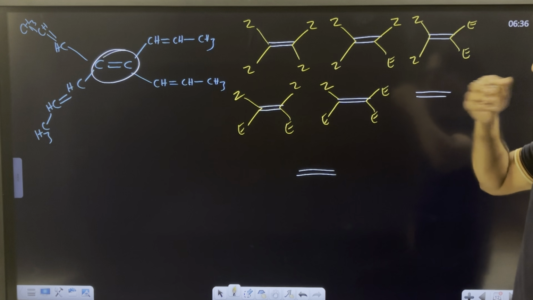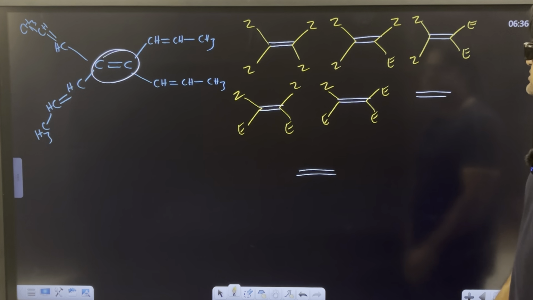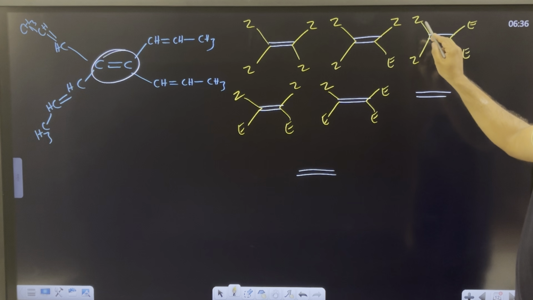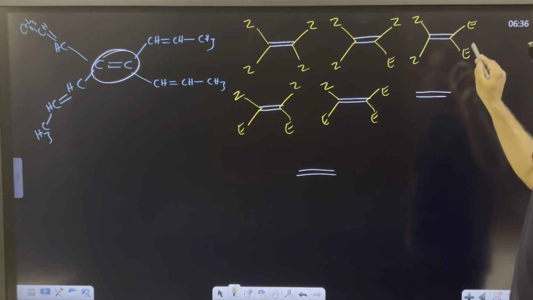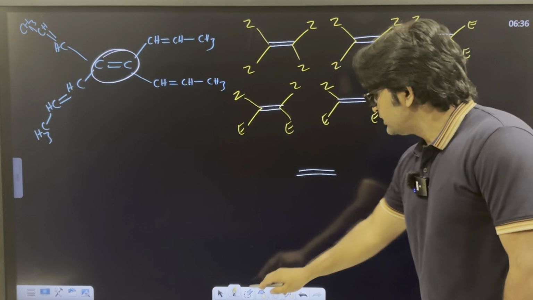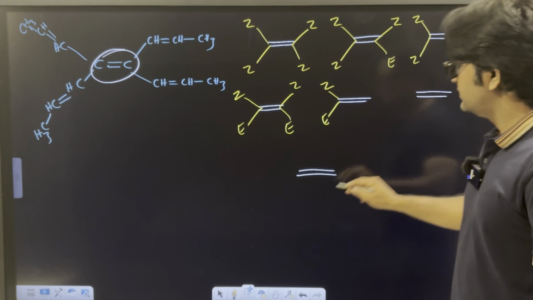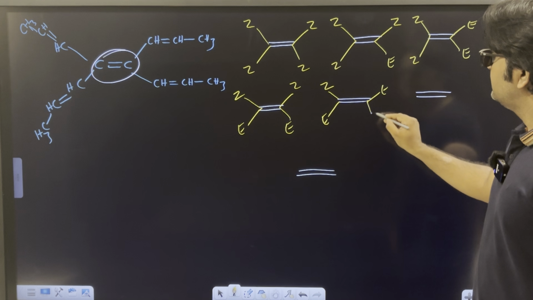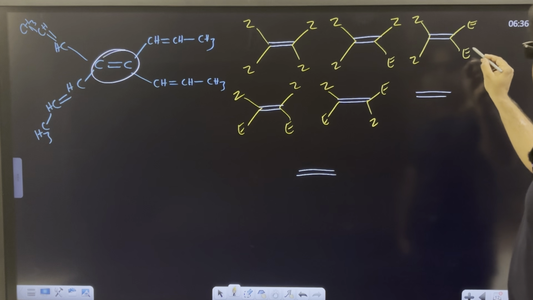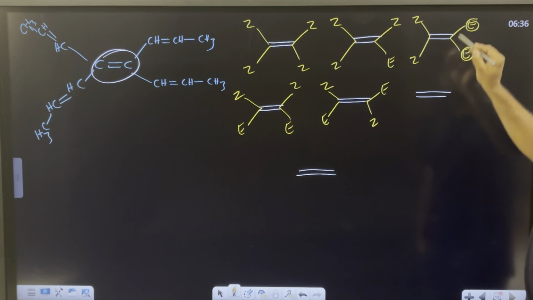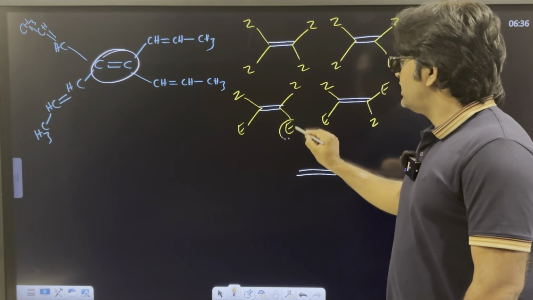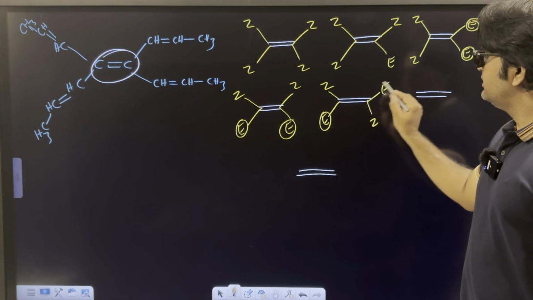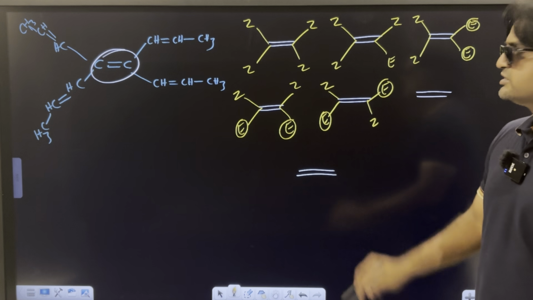What is the next possibility? Somewhere one structure is missing. 1, 2, 3, 4: Z, Z, Z, Z; Z, Z, Z, E; Z, Z, E, E. Okay. Here we can write one more possible structure: E and E can be written in the opposite direction also. Look at this one: E and E on the same carbon atom, E and E on different carbon atoms, and here E and E on different carbon atoms but in the opposite direction.